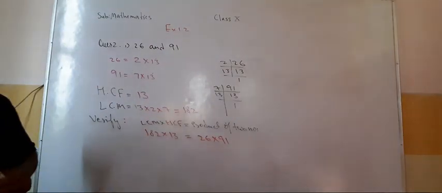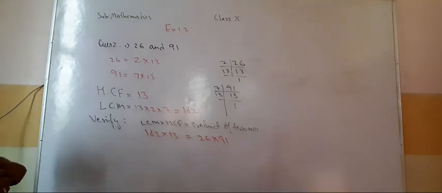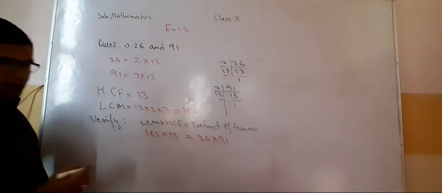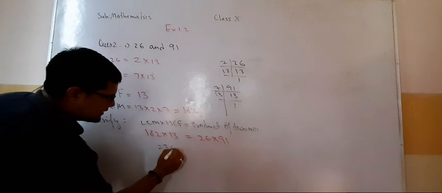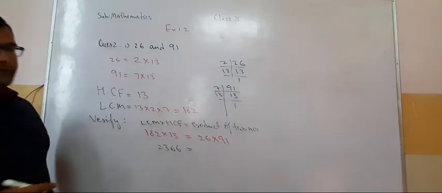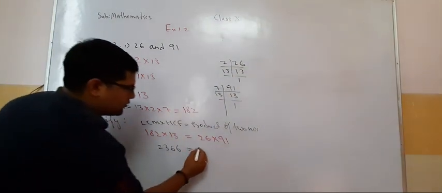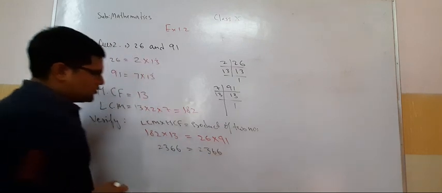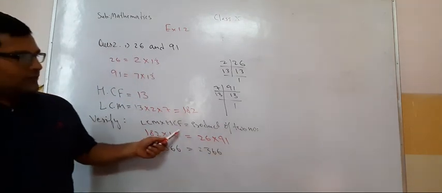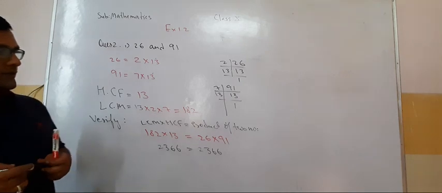When we multiply 182 by 13, we get 2366, and when we multiply 26 by 91, we also get 2366. So LCM into HCF equals the product of the two numbers. We have verified this also.